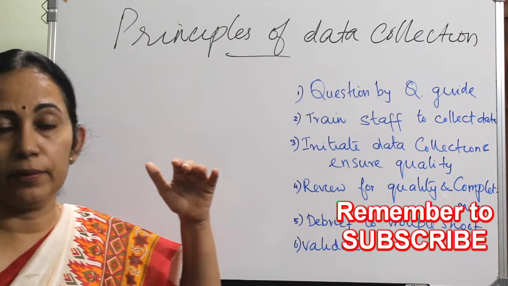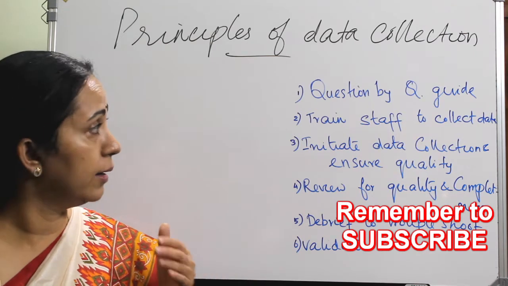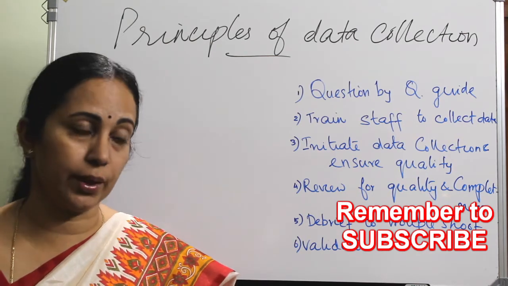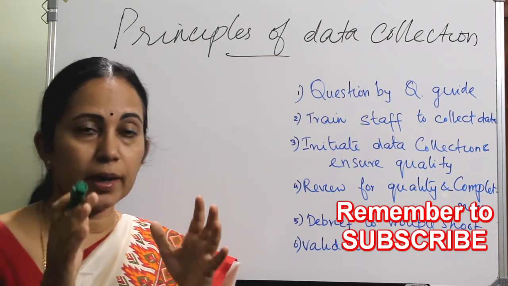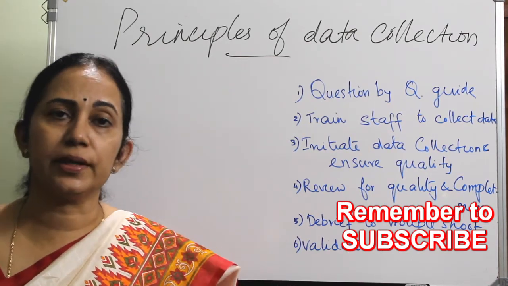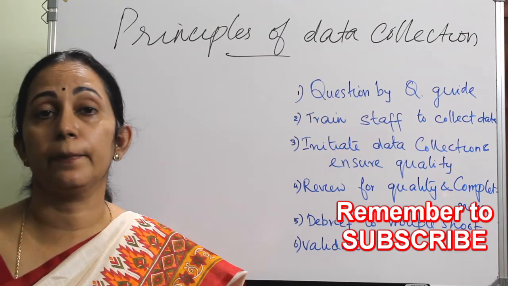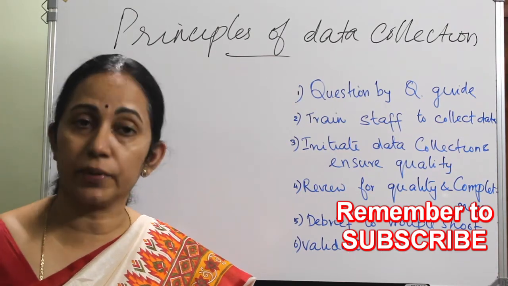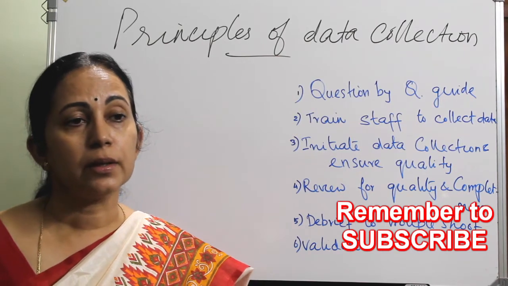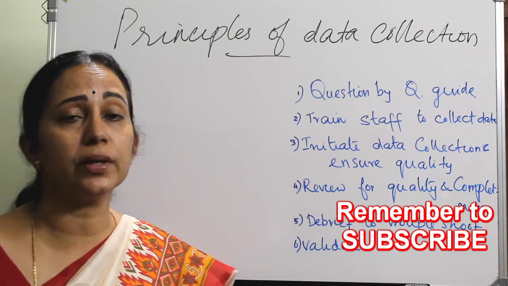So the first one is drafting a question by question guide, or a Q by Q guide. What is that? You have a set of questions in your questionnaire, and the investigators employed for data collection may be coming from different backgrounds. Some of them may be clinical researchers, some may be good in field research.